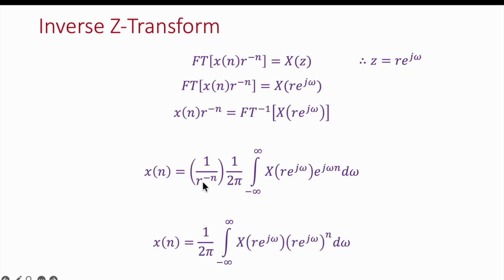So you can take this r to the n inside, and if it goes upward, the power changes from minus n to positive n. So you can rewrite that as 1 over 2 pi integral from minus infinity to infinity of x of r e raised to power j omega, with r e raised to power j omega to the power n. You can rewrite this equation in this format.